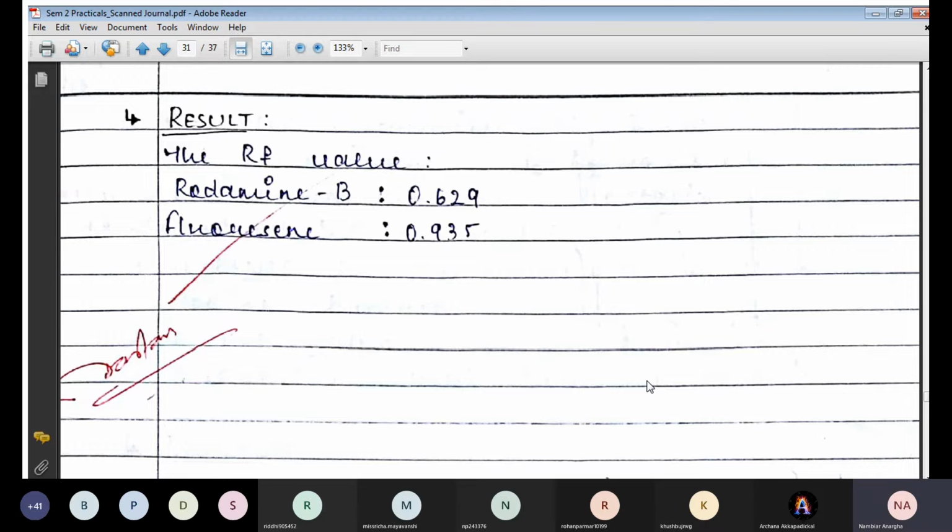So I can definitely conclude that fluorescein has very high affinity towards the mobile phase, which means it almost moves with the mobile phase, whereas in the rhodamine B case, the affinity towards the mobile phase is moderate.